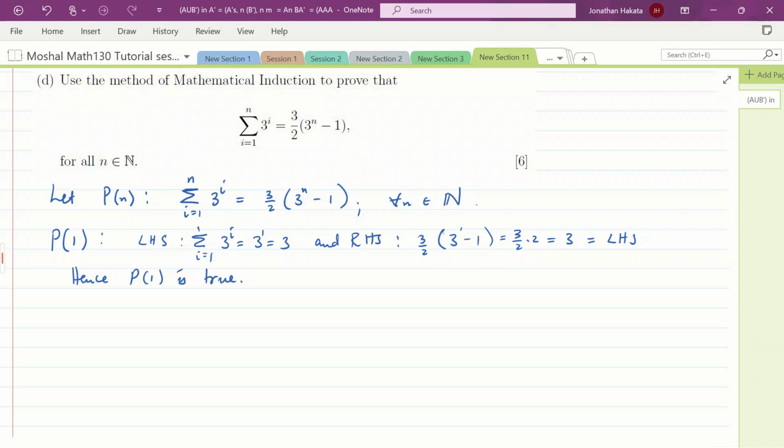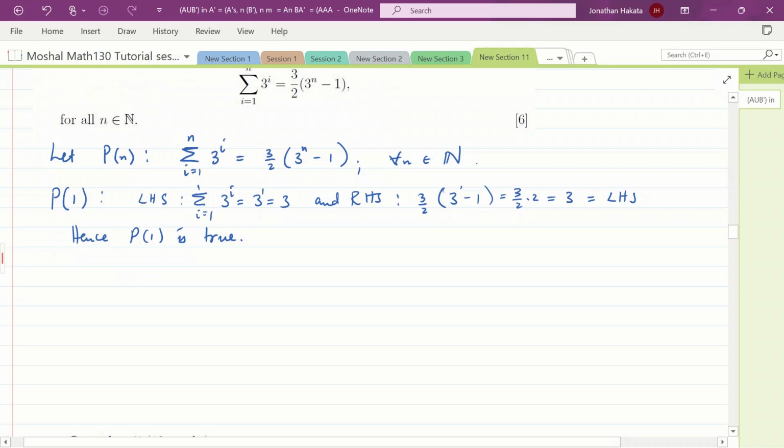The second step is to assume that it is true. So we assume that Pk is also true. That is summation, where there is n, we are replacing with k.